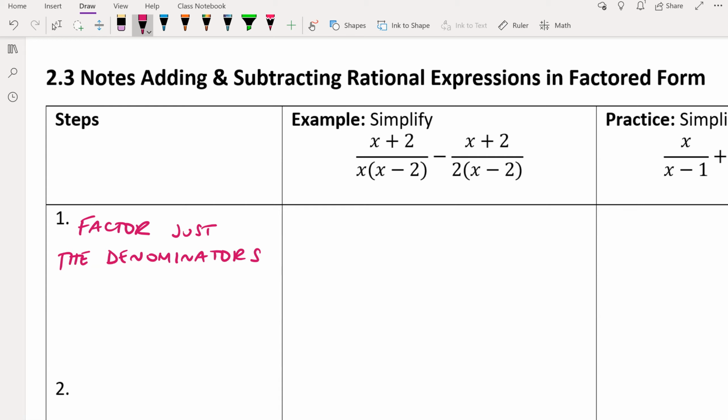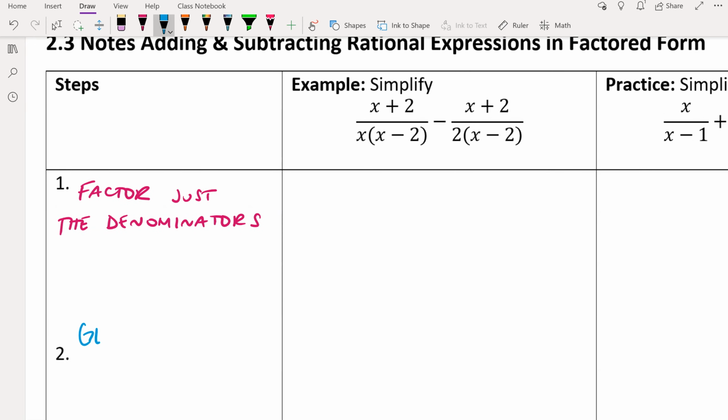So the good news here is that we only need to factor the stuff on the bottom, just the denominators. Okay, so this is already done, right? So check. That step is done. Our second step is to get a common denominator. Okay, so let's go ahead and do that.